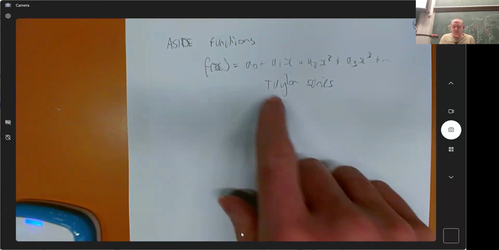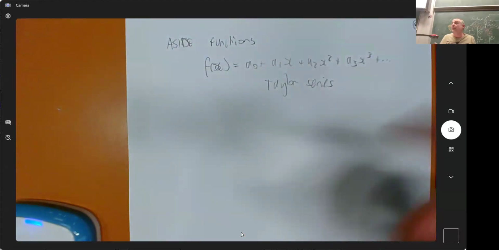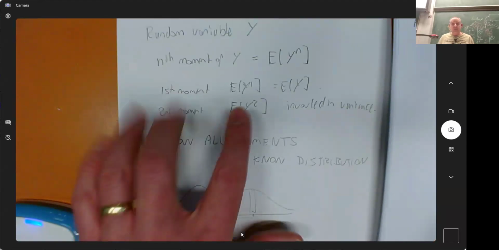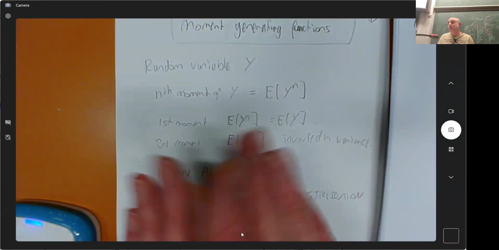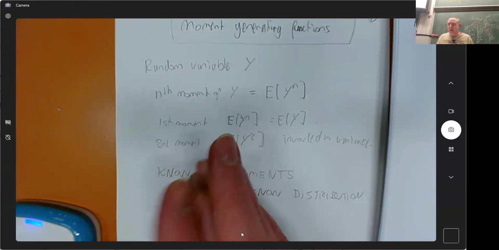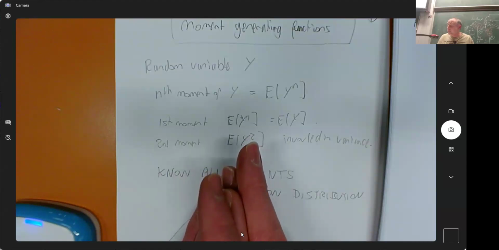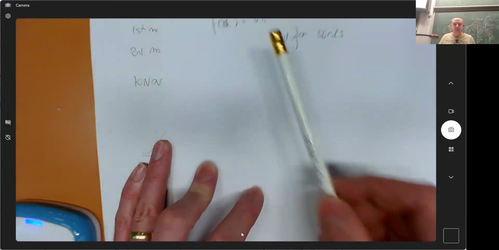And if two functions have the same list of coefficients, then they are in fact the same function. And that's very similar to my list of moments and being the same distribution. And in fact, the function I'm thinking of is the probability density function. And so it's not exactly the same.